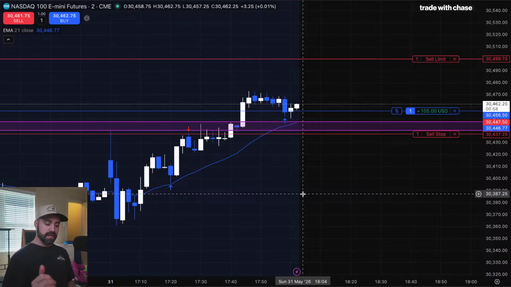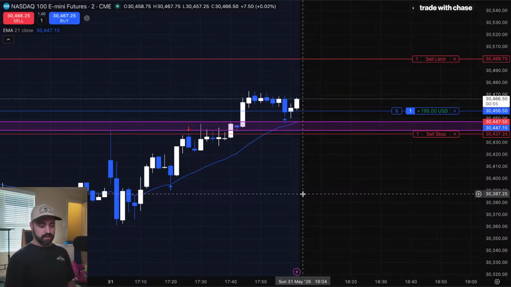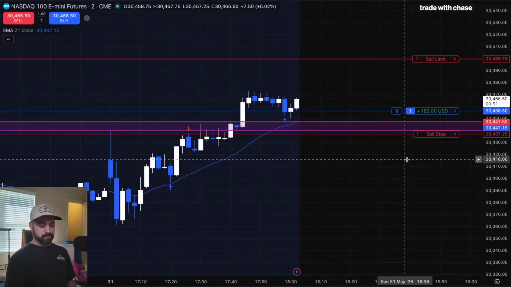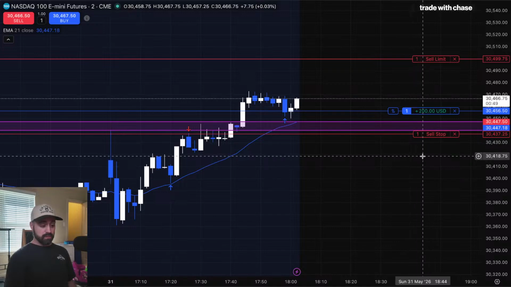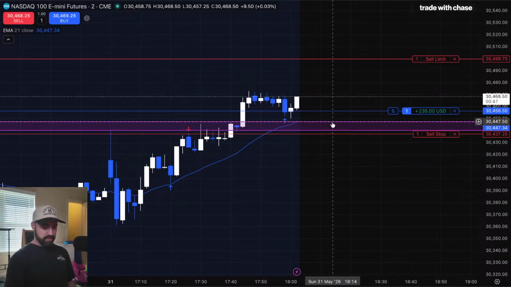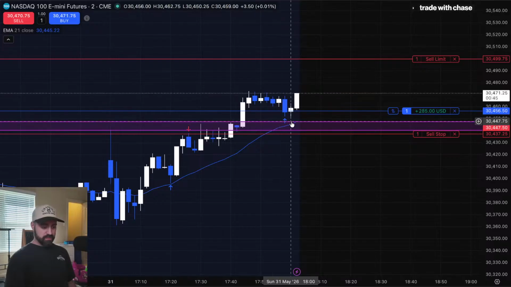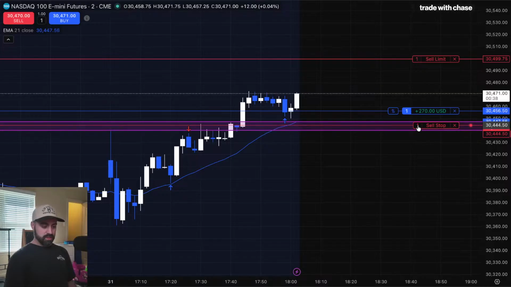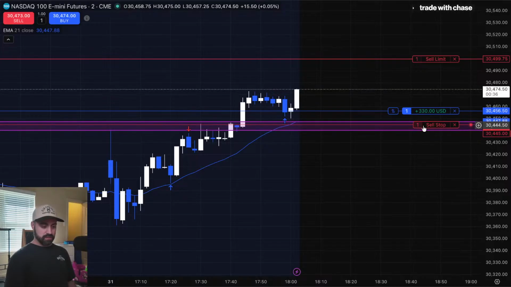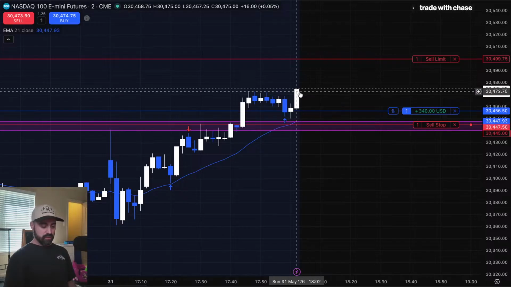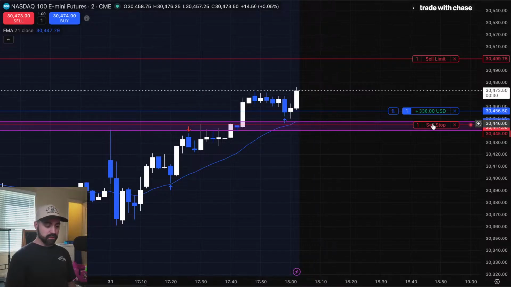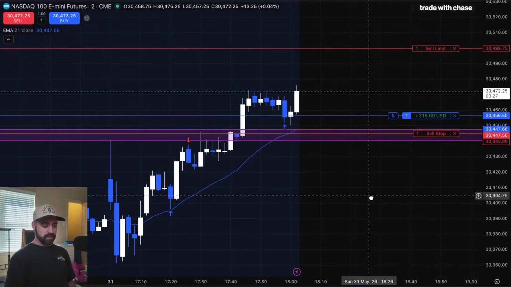Depends on how it goes through this, but I can also technically move my stop up kind of below this low, at least. Like limit some of my risk at least. Hoping we can just blow through this, but probably get a little bit of a pullback, which is fine.